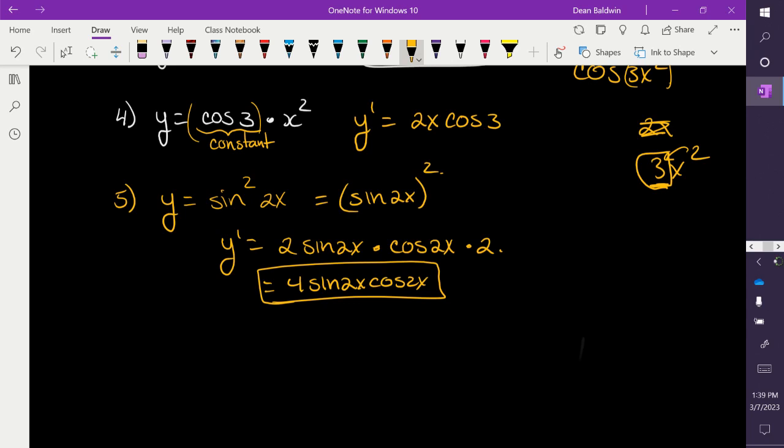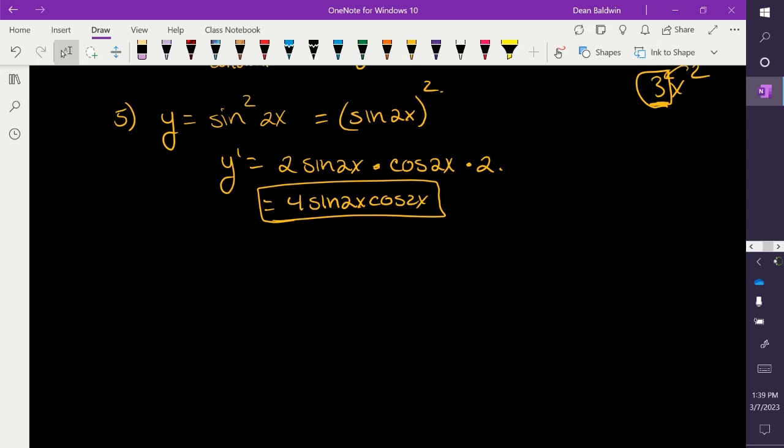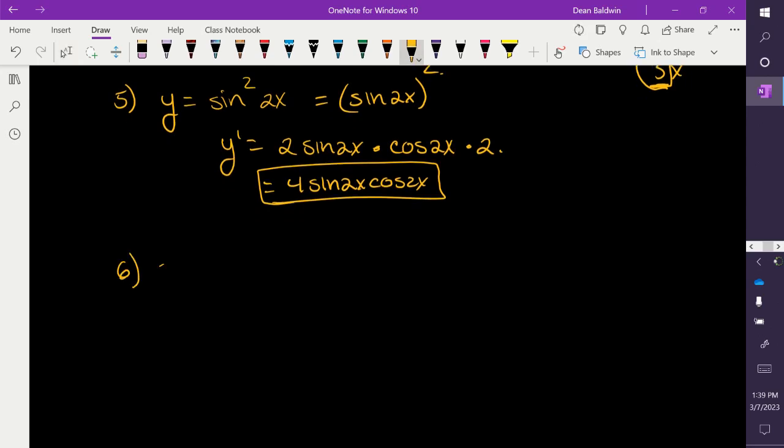All right, last question. Nope, I lied. Second to last question. Cosine of 3x all squared.